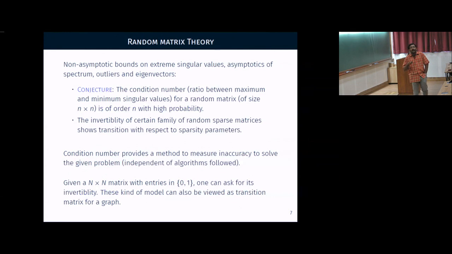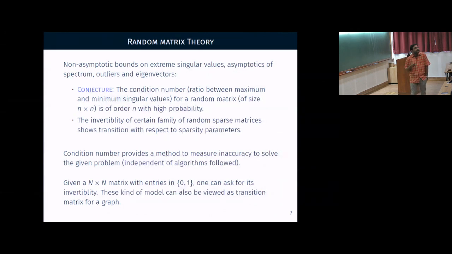For the random matrix case, people mostly target the singular values and the asymptotic spectrums. One of the conjectures that was there early, by von Neumann, is that for certain types of random matrices, the condition number goes in the order of size.